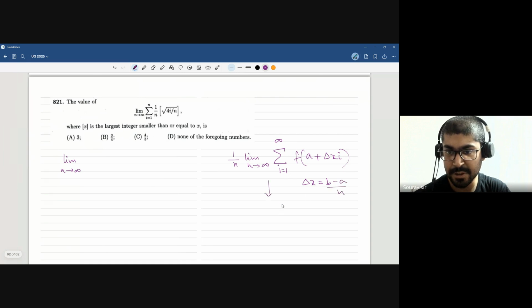So this thing transforms into the integral of a to b f of x dx. All right, now you can use this to figure it out.